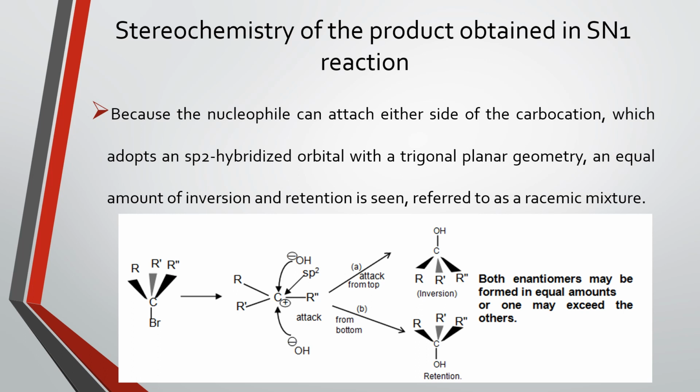Now what is meant by top and bottom, and how do we get inversion and retention products? Here you can see the bromine atom, which is a leaving group, attached at the bottom of this carbon atom.